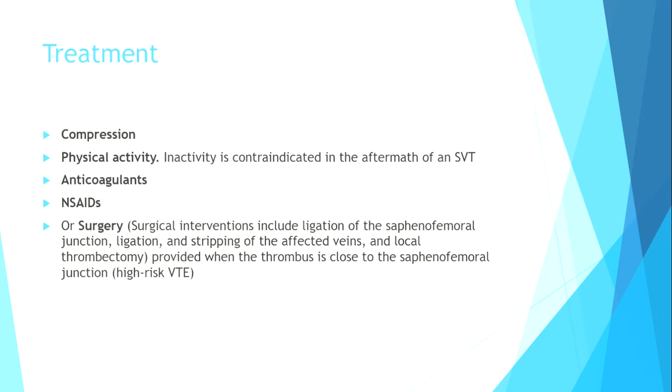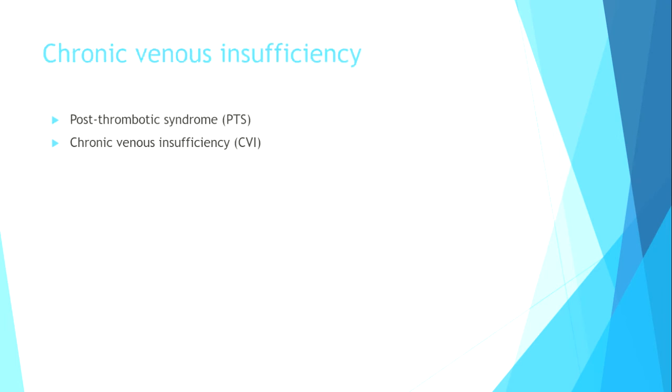Also anticoagulants, non-steroidal anti-inflammatory drugs, or surgery. Surgical interventions include ligation of the saphenofemoral junction, ligation and stripping of the affected veins, and local thrombectomy, provided when the thrombosis is close to the saphenofemoral junction, because of the high risk of thromboembolism.